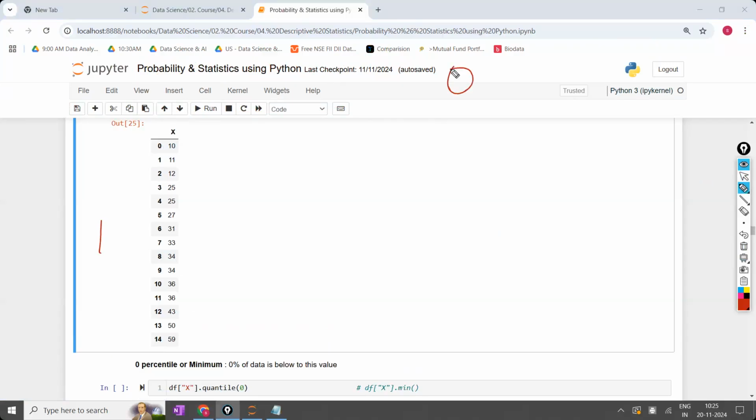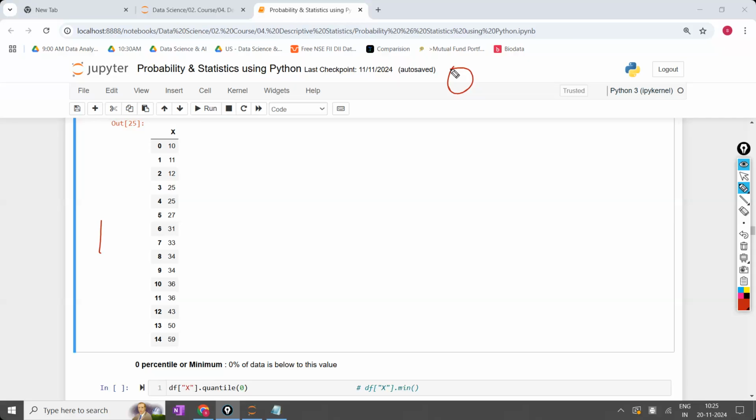So first you have to keep them in ascending order. Percentile logic is applied only on the ordered data. Percentile and median, both are applied on the ordered data.